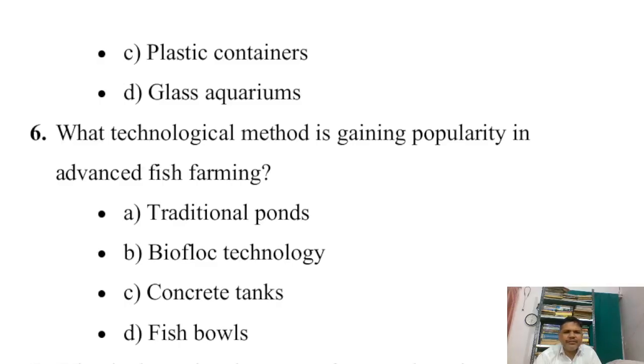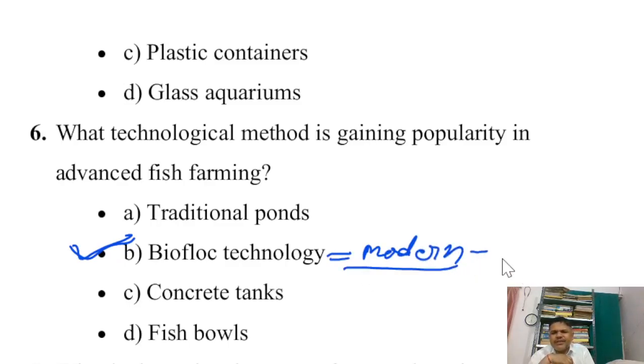In India, biofloc technology is now gaining popularity, and it is the latest technology. It is a modern technology, and it requires less space. Here in biofloc technology, we perform our aquaculture activity in less space, because it requires fewer ponds.